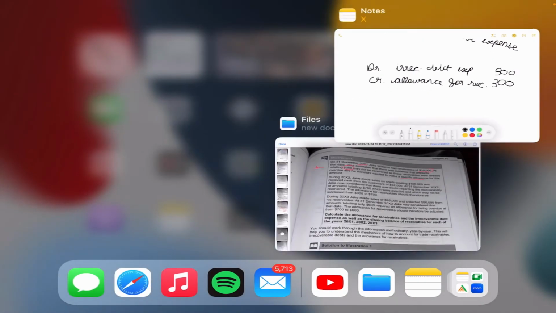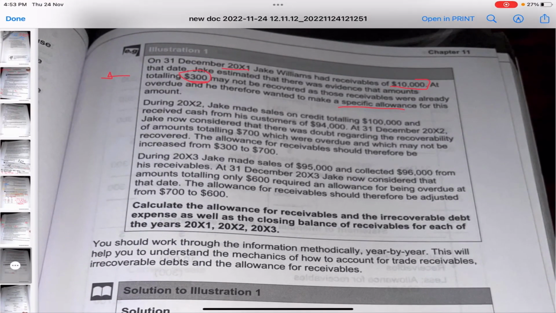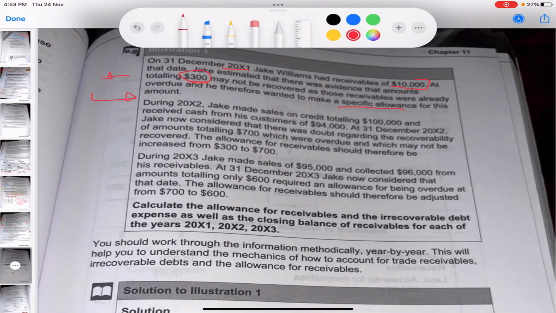Clear? Now, during 2012, Jake made sales on credit totaling 1,100,000 and received cash this much. At 31st December, Jake now considered that there was a doubt regarding the recoverability of amounts totaling 700 which were overdue, which may not be recovered.